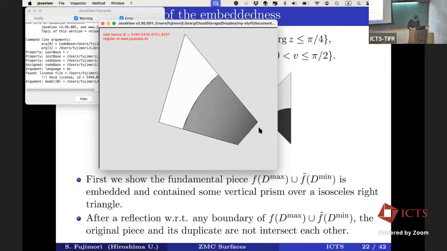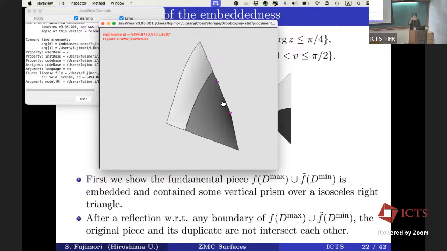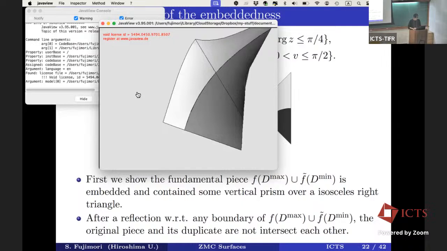Okay, let's see. So we have straight lines, and we can extend the surface by reflection, I mean, rotate the surface. So then we have this.